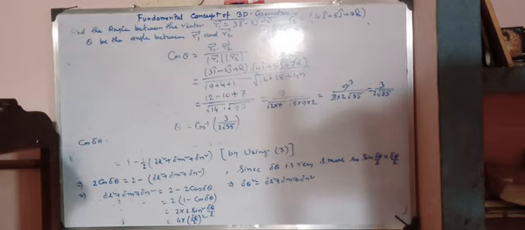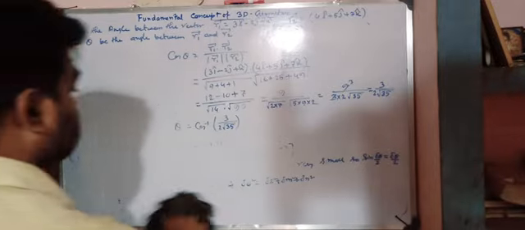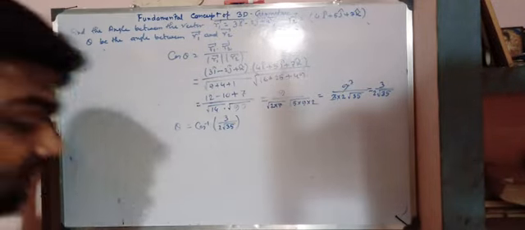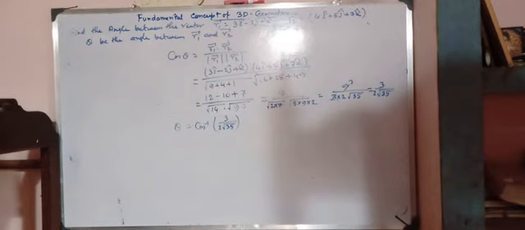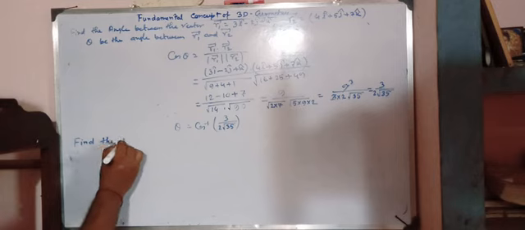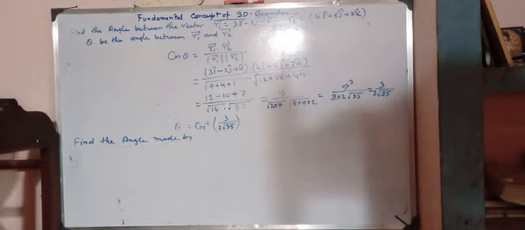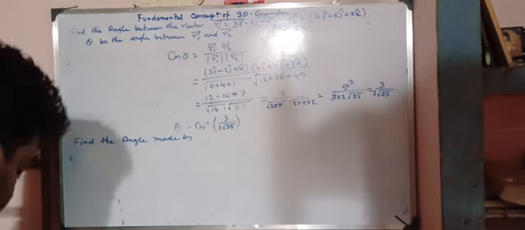Next, move to another question. The question is given here: find the angle made by the following vectors with the coordinate axes.